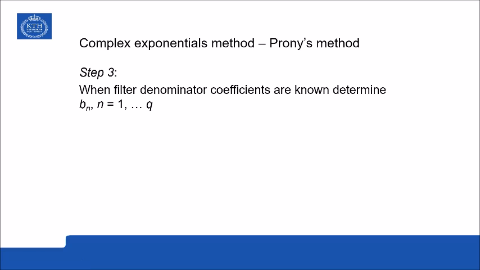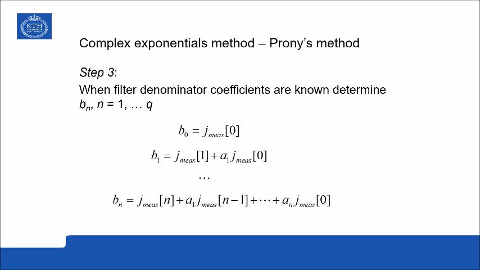Step 3. When we know the filter denominator coefficients an, we can determine the numerator coefficients bn by using these relations.